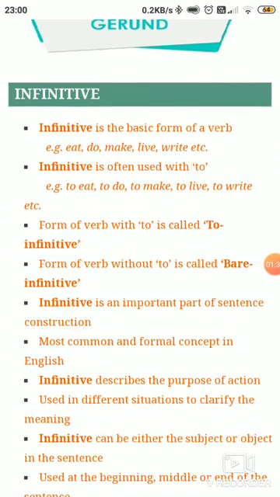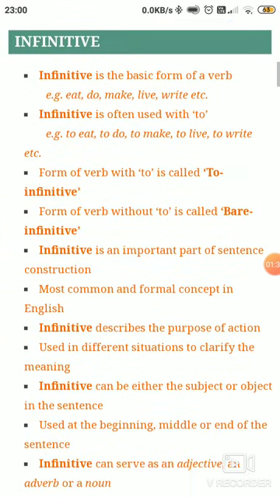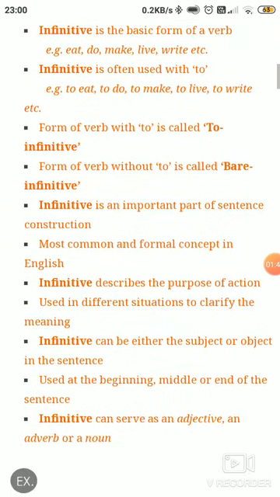Now, form of verb with to is called to infinitive. Form of verb without to is called bare infinitive. Understood the difference? The verb which is along with to, we call it as to infinitive, and the verb which is without to, we call it as bare infinitive. Now, infinitive is an important part of sentence construction.